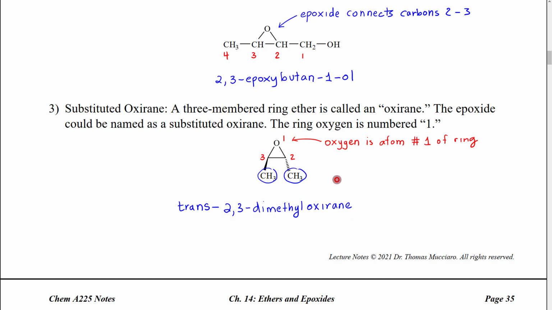We also have wedges and dashes in our picture, indicating stereochemistry. In this case, one methyl group is on a dash, the other group is on a wedge, so this would be trans 2,3-dimethyl oxirane. Just as a side note, we could also use RS naming because these are chirality centers, but in this case, trans will be sufficient.